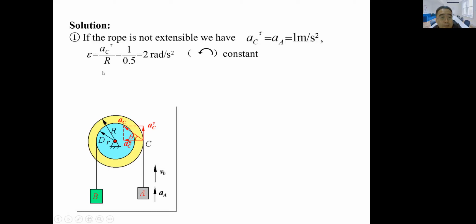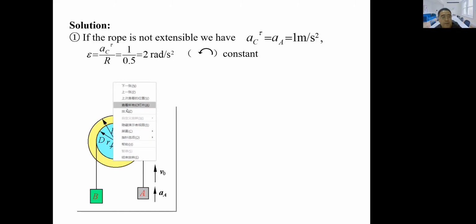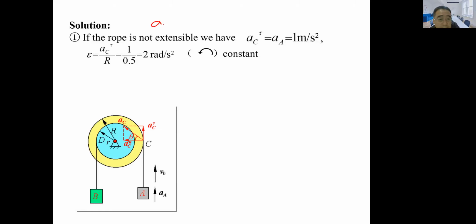And then from the relationship for angular acceleration, a_C^tau should equal R times epsilon. That's the characteristic; we should know this expression because of fixed-axis rotation around a fixed center.